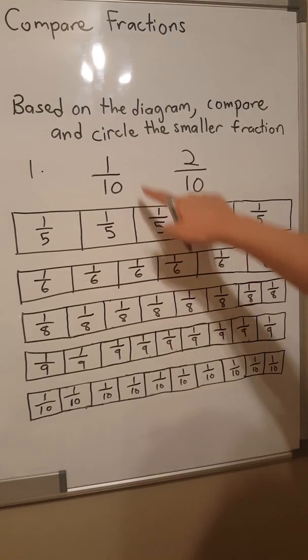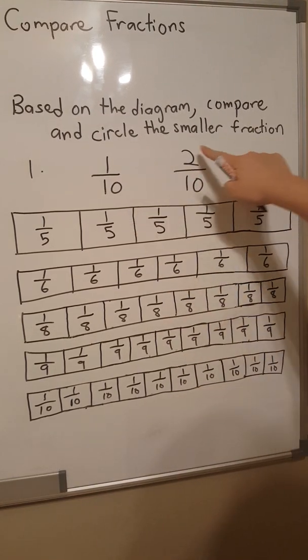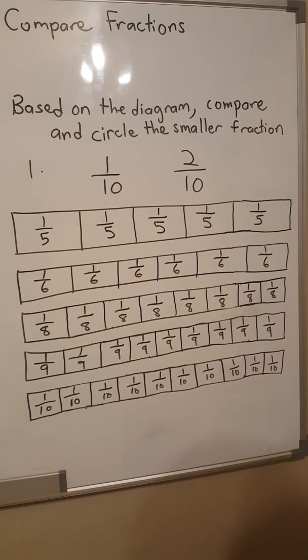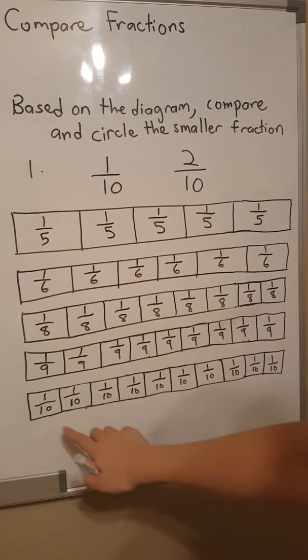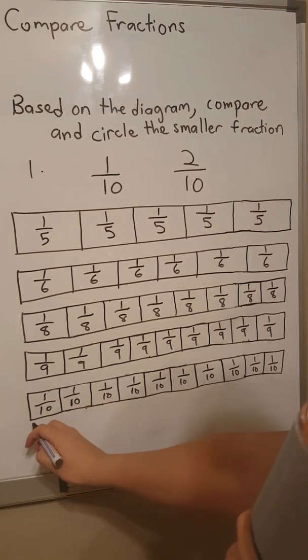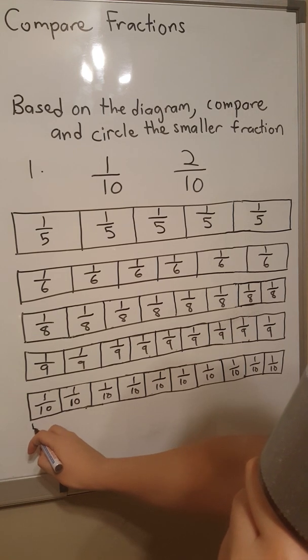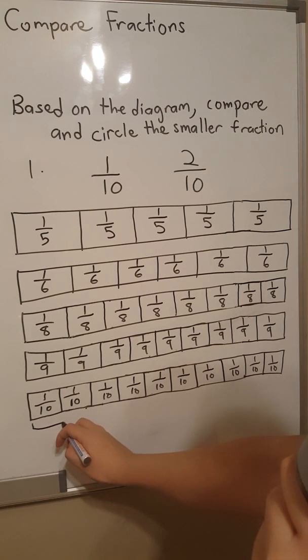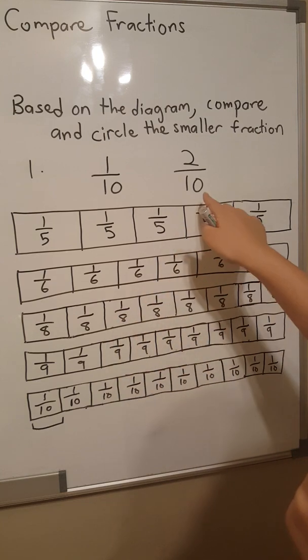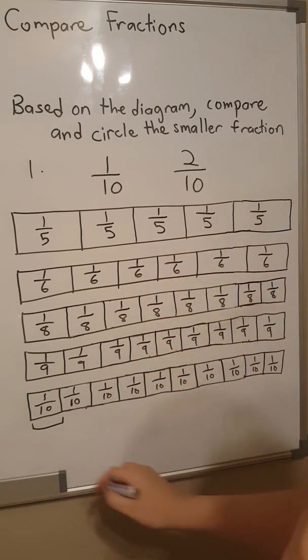Okay, now, so we have 1 over 10 and 2 over 10 here. So which one is the smaller fraction? We can look at the fraction wall. So 1 over 10 is this part here. 2 over 10 is this part here.